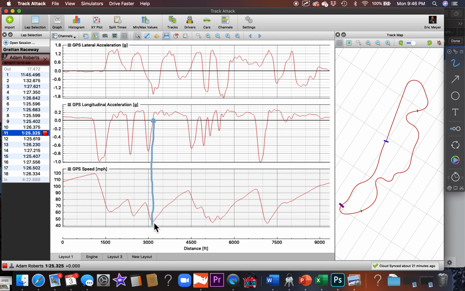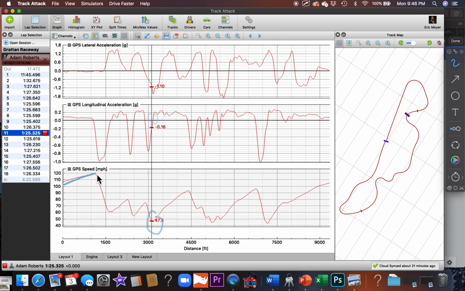All right? So that's an apex, as noted by this low, as noted by right here, where now they're either braking or accelerating, as noted by right here, where there's a lot of lateral G's. And in this case, we are right over here. See that? Is equal to that, is equal to that, is equal to that.